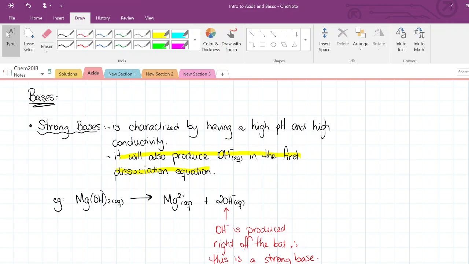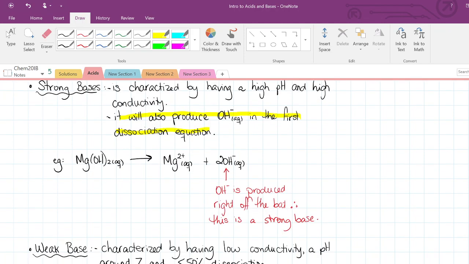Ionic compounds dissociate as they've always done. So notice that I've got magnesium hydroxide. Magnesium hydroxide is going to dissociate into magnesium ion and hydroxide ion. This is a strong base according to Arrhenius's modified definition because this hydroxide is produced right away in the first dissociation.